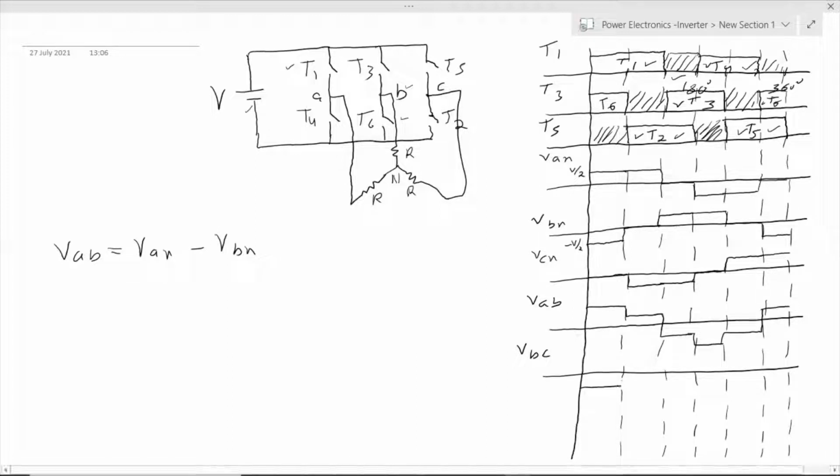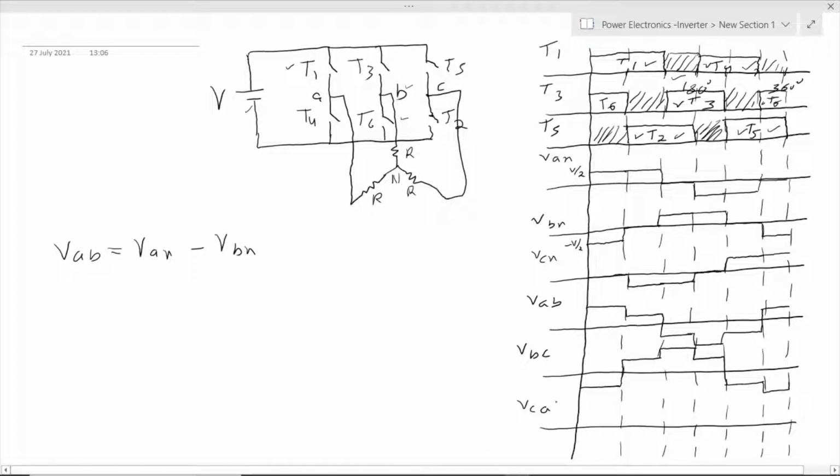So in the next cycle, it will be plus V by 2. So this is VBC, and we can draw VCA as well.